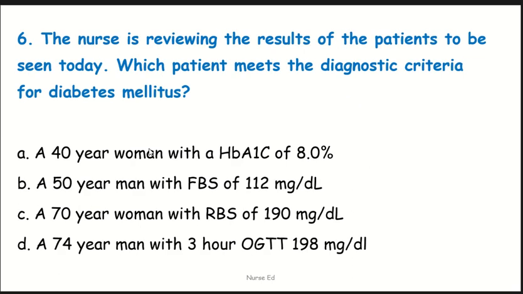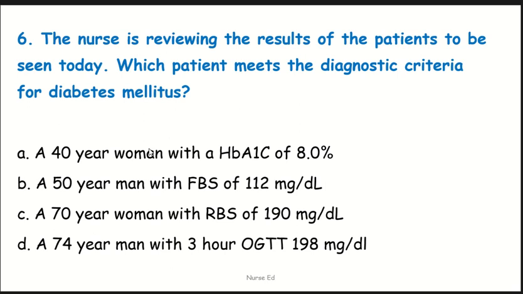Question number 6. The nurse is reviewing the results of the patients to be seen today. Which patient meets the diagnostic criteria for diabetes mellitus? Option A, a 40-year woman with HbA1c of 8%. A 50-year man with FBS of 112 mg per deciliter. A 70-year woman with RBS of 190 mg per deciliter. A 74-year man with 3-hour OGTT of 198 mg per deciliter.